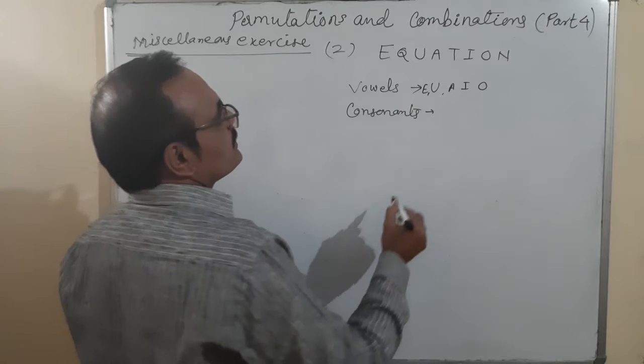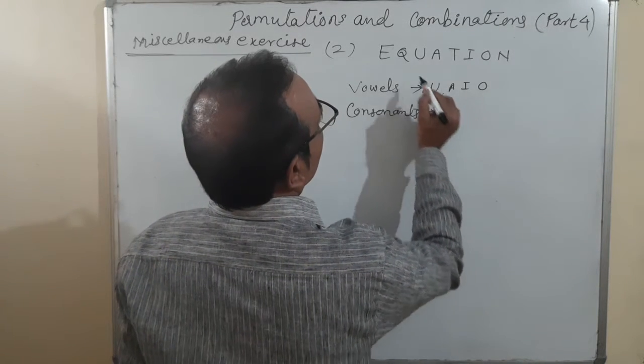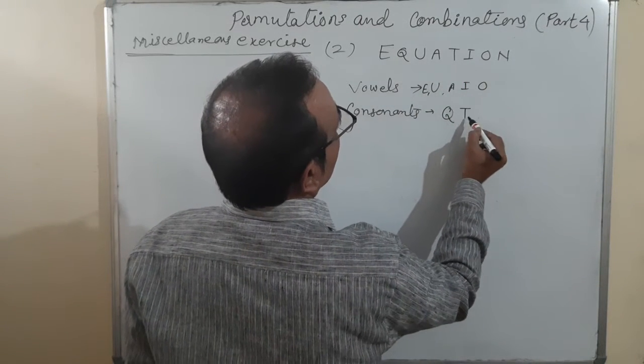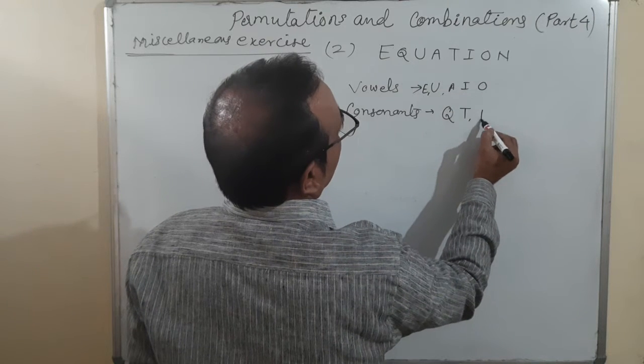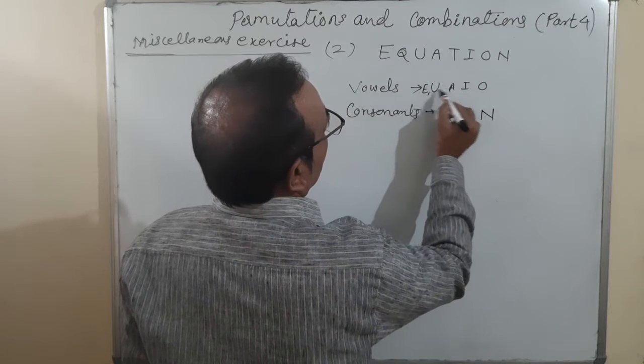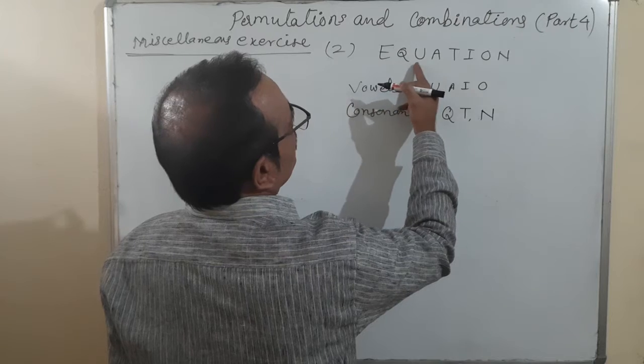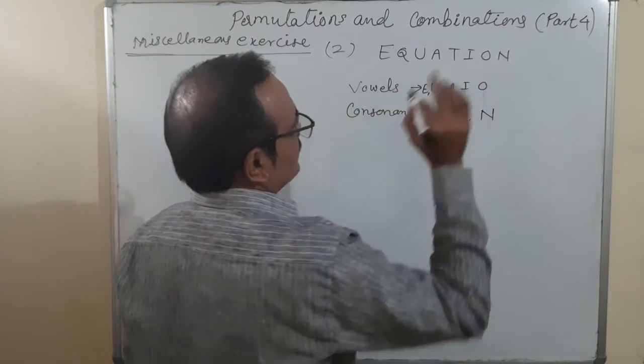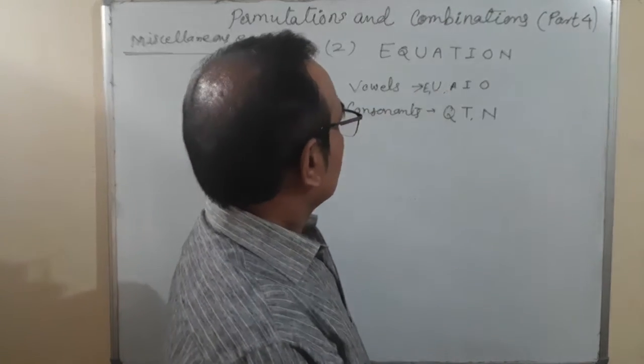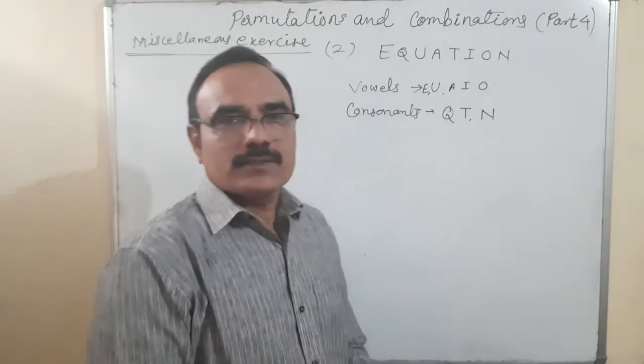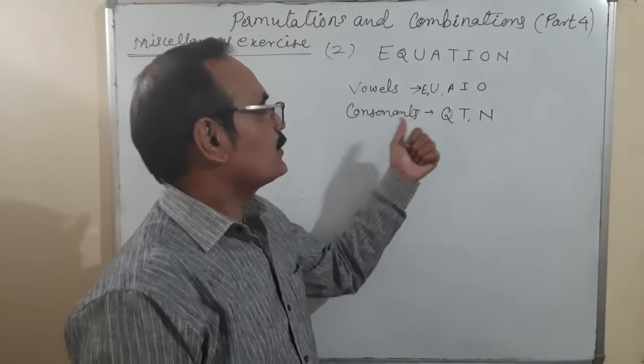And consonants: Q, T, and N. So 5 plus 3, 8 letters in total. It's a simple way: vowels and consonants are together.